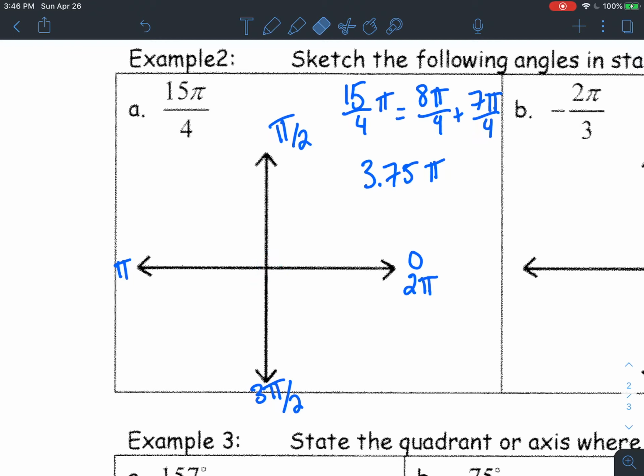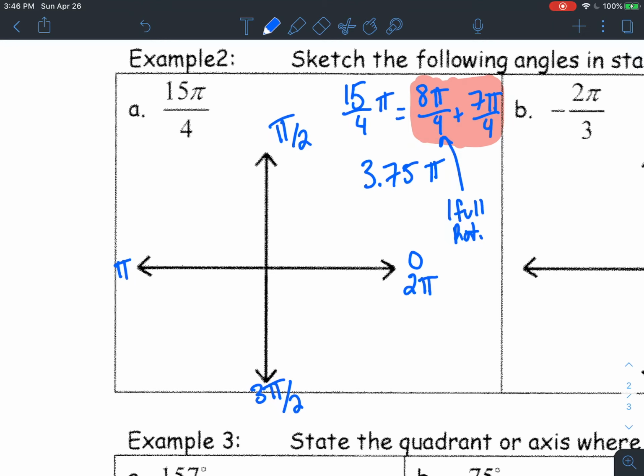So that's how I split this up over here, which I didn't really explain, I just kind of did it here. 1 full rotation, if I'm in terms of fourths of pi, pi over 4s, there are 8 of those, right? Because 8 pi over 4 reduced is 2 pi. So this here is 1 full rotation, and then another 7 pi over 4 on top of that.